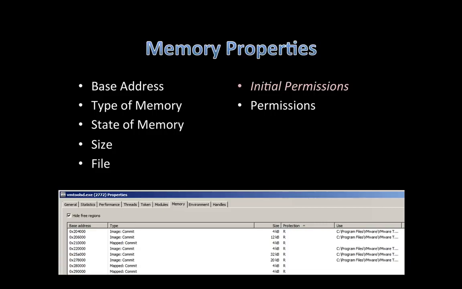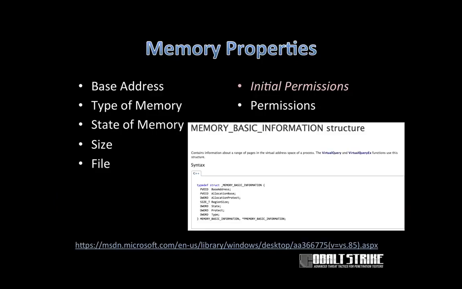An analyst may happen to have access to both the initial permissions the memory was allocated with, and the current permissions. So keep that in mind. And here I have from MSDN the memory basic information struct that shows the different properties available to a programmer walking memory with a function like VirtualQuery. So those are some memory properties.